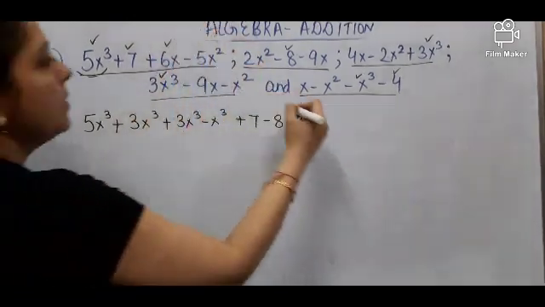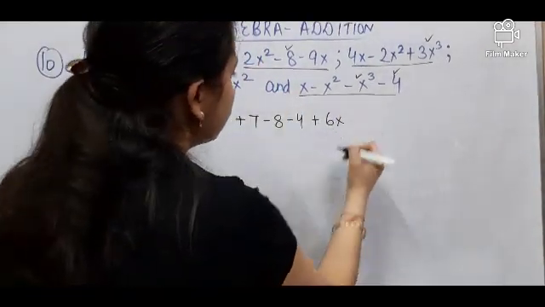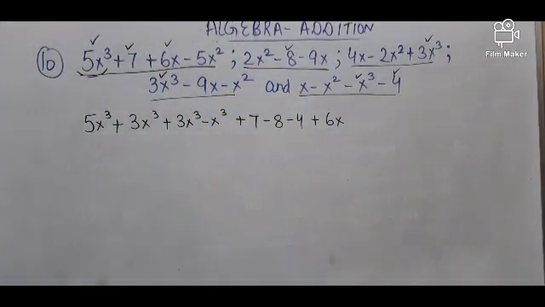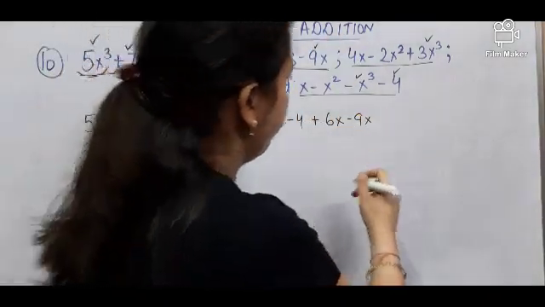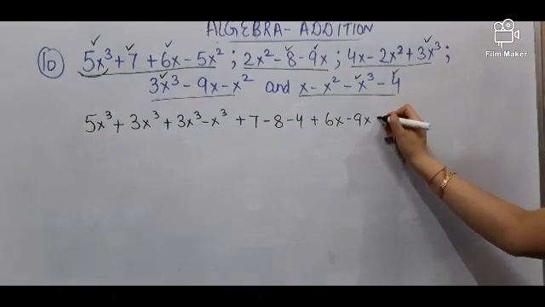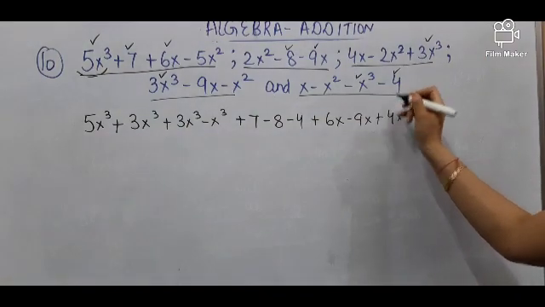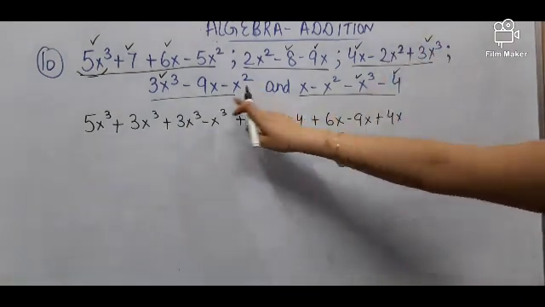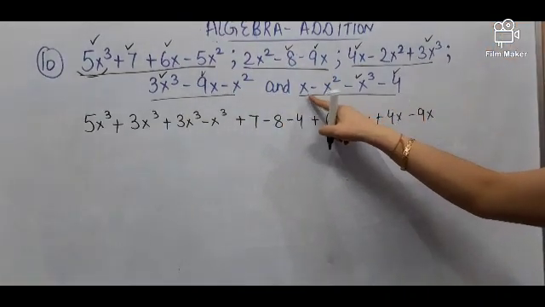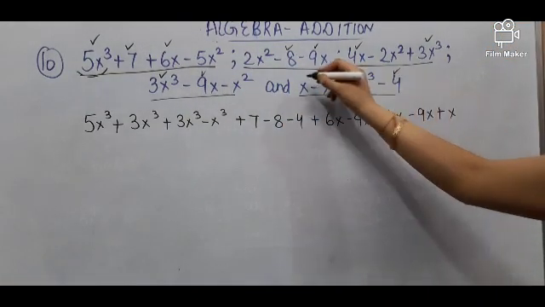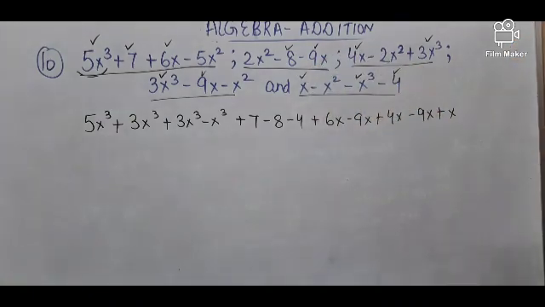Then plus 6x, plus 6x. Now consider the x terms: minus 9x, then plus 4x, now minus 9x, and positive x. Now we are left with x square.